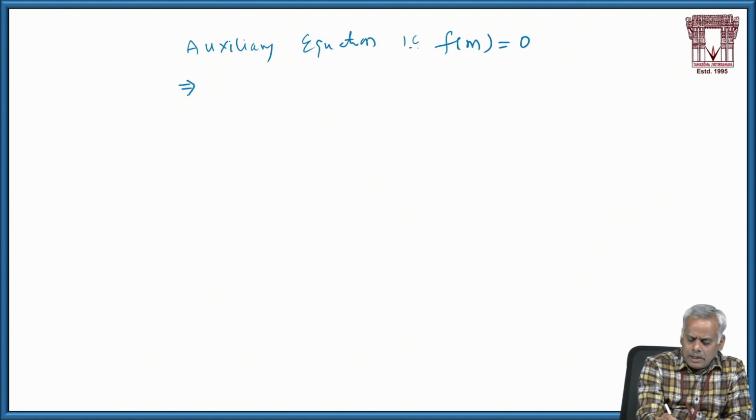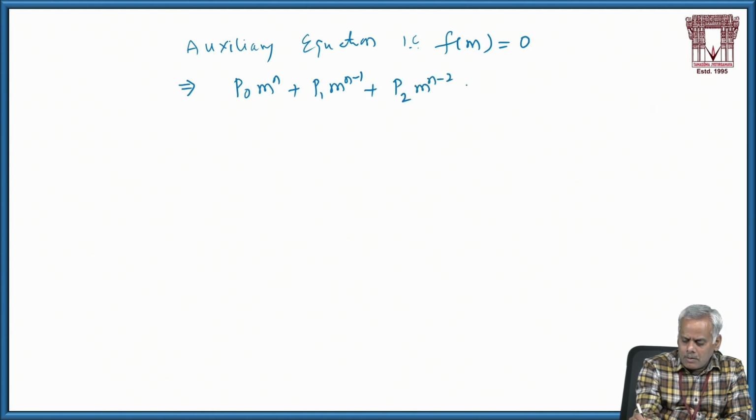So f of m is p0 m power n plus p1 m power n minus 1 plus p2 m power n minus 2 up to pn is equal to 0.